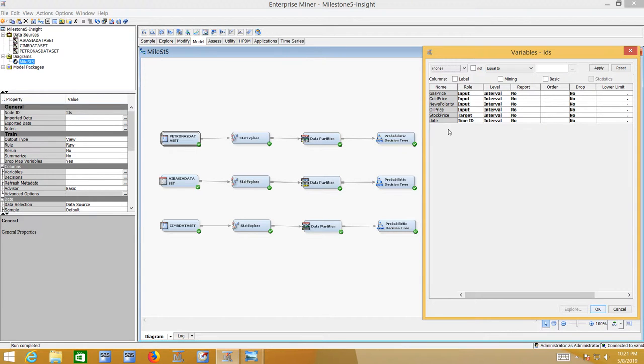One is the stock price as the target variable, and oil price, news polarity, gold price, gas price, and finally date are the other columns, which serve as input variables to our models.